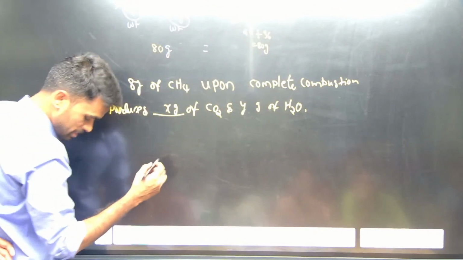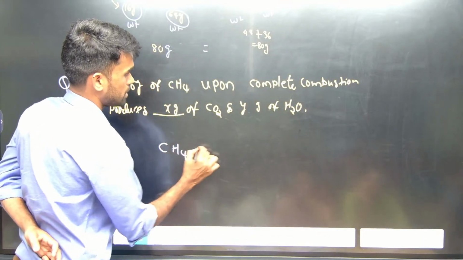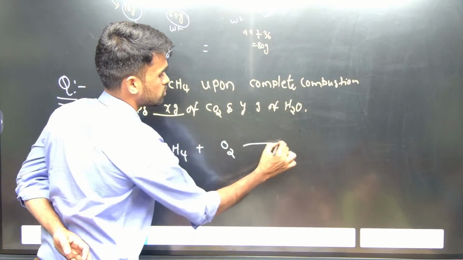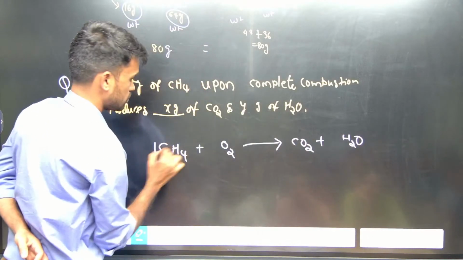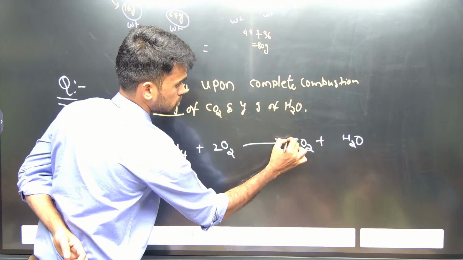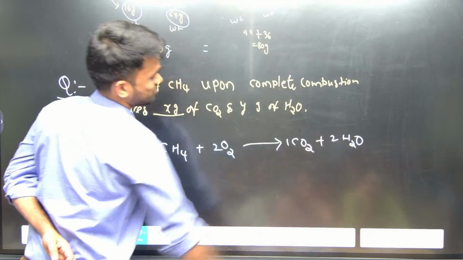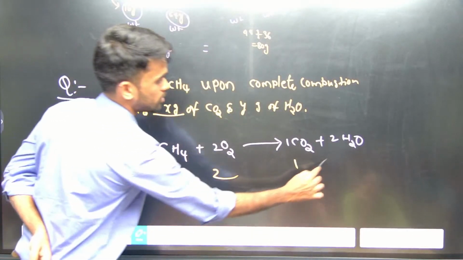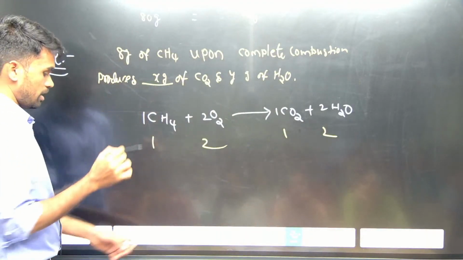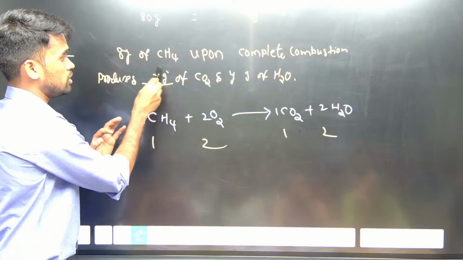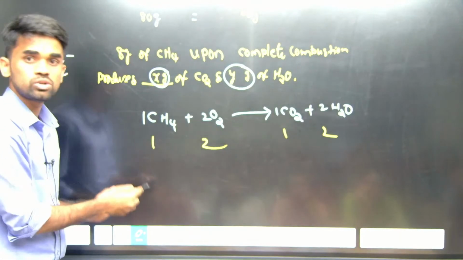So how to write this? Methane plus O2 gives CO2 and water. First balance. Next 1, 2, 1, 2. My answer should be in grams, so it is better to convert moles into grams.